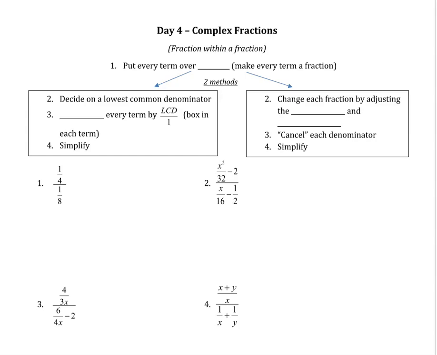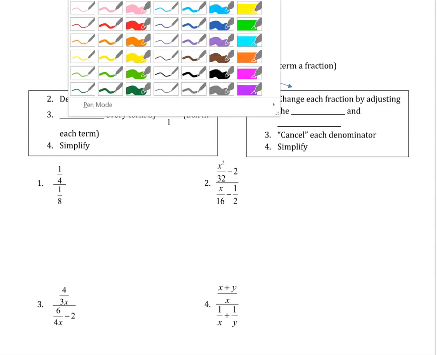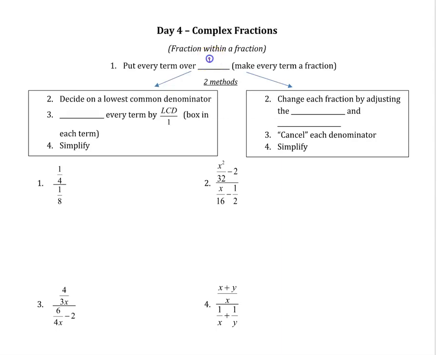So the first thing to do with complex fractions, no matter what you're doing, no matter what method, is to create a fraction out of everybody. So if you have like a little floating guy, I like to say, you put him over 1. So I'm looking at number 2 is what I'm going to go through with you guys. If I put that over 1, now everybody's a fraction.